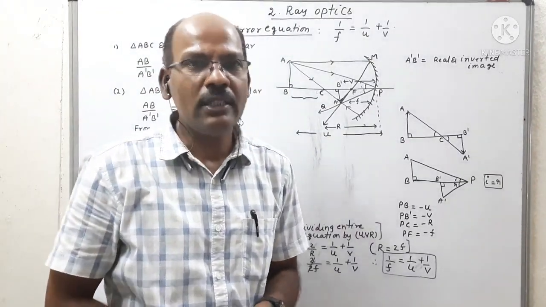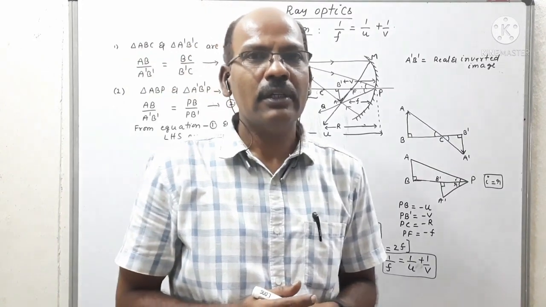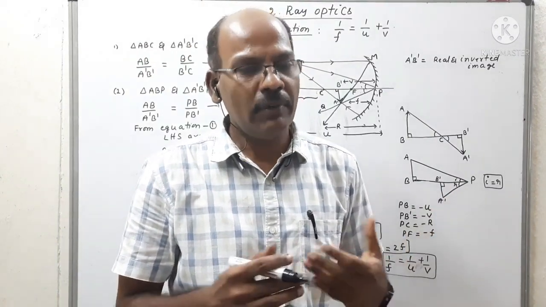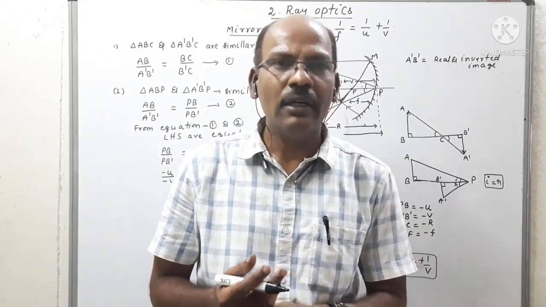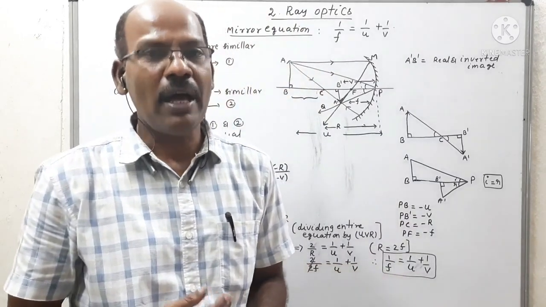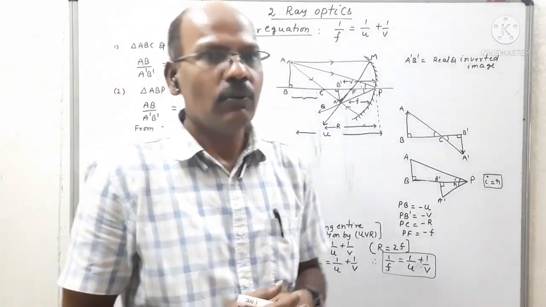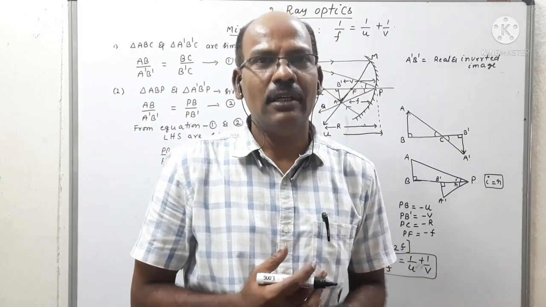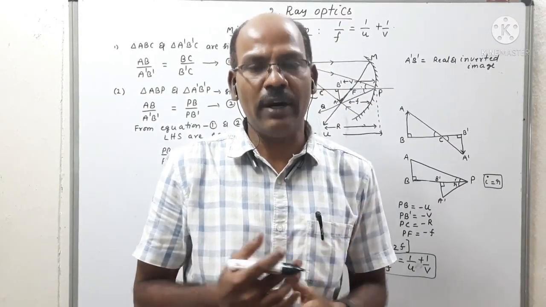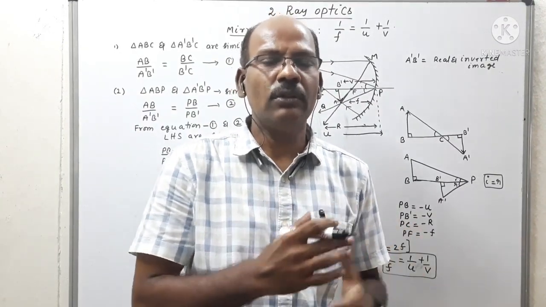Now what is magnification of the given mirror, whether it is concave mirror or convex mirror? Magnification means what is the size and where the image is formed with respect to the object.